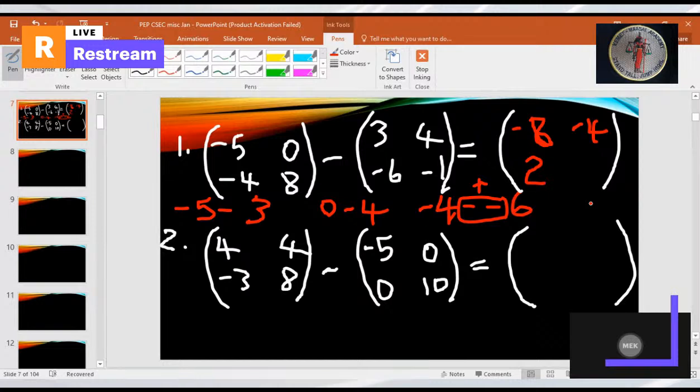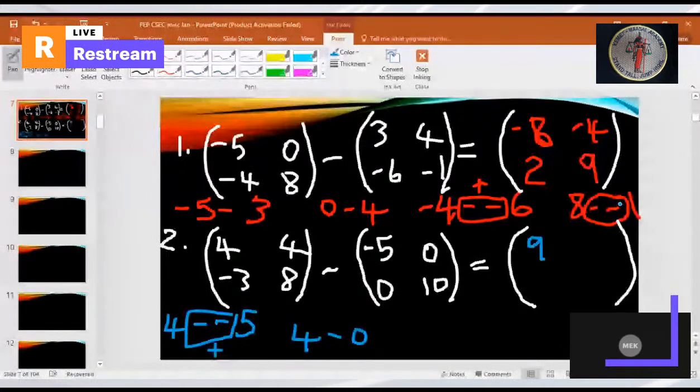For number 2, corresponding digits: 4 minus -5. The minus negative works as a plus. Plus 5 is really what we're doing, and that's going to give 9. Then we have 4 minus, which everybody knows.